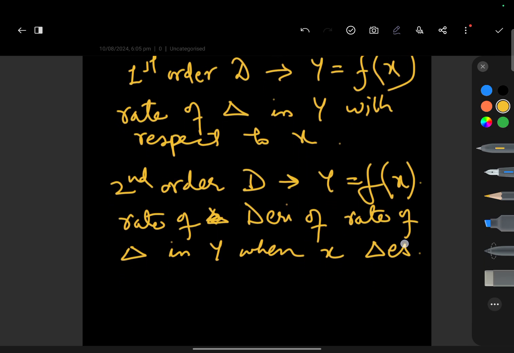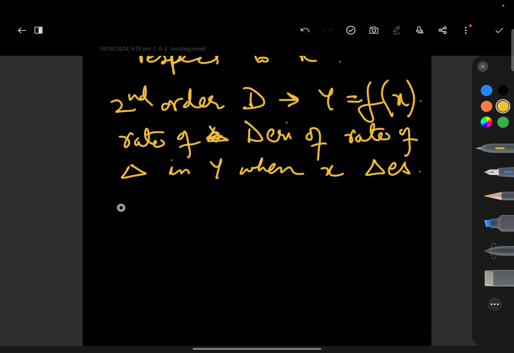So there are two important conclusions, or two important properties, in relation to the second order derivative.